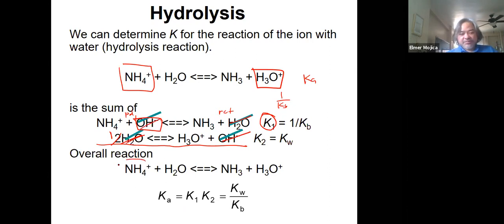What you end up with is NH4+, one H2O, one NH3, and H3O+. So the new K is equal to Kw over Kb.